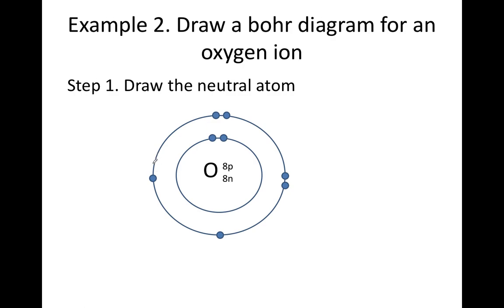It's easier to just gain 2 and make a full outer shell. The whole point of ions is that they want to have a full outer shell. So nonmetals gain electrons because it's easier for them to do that. And metals lose electrons because it's easier for them to do that.